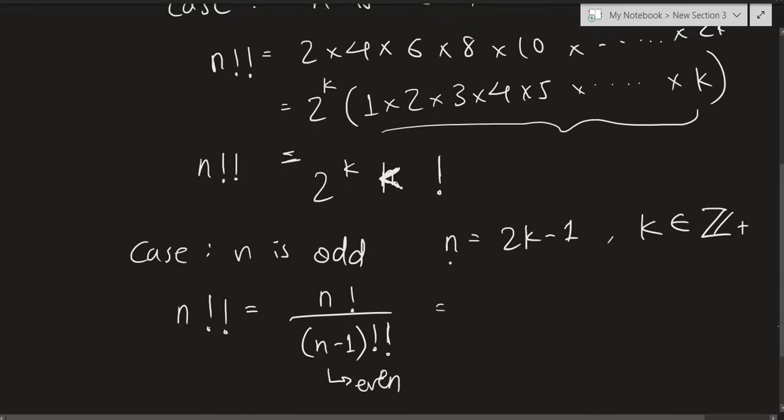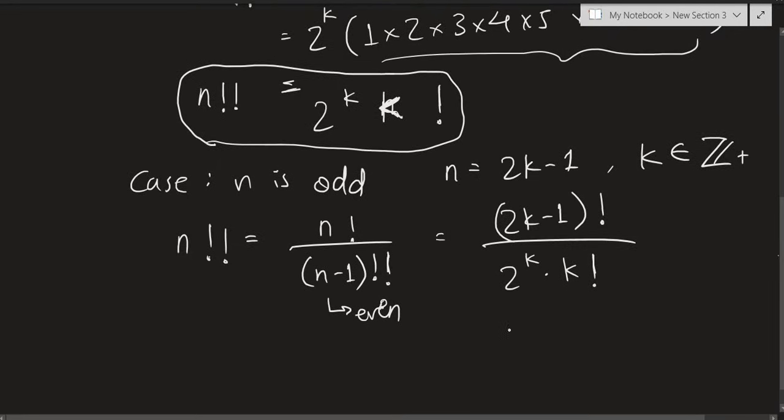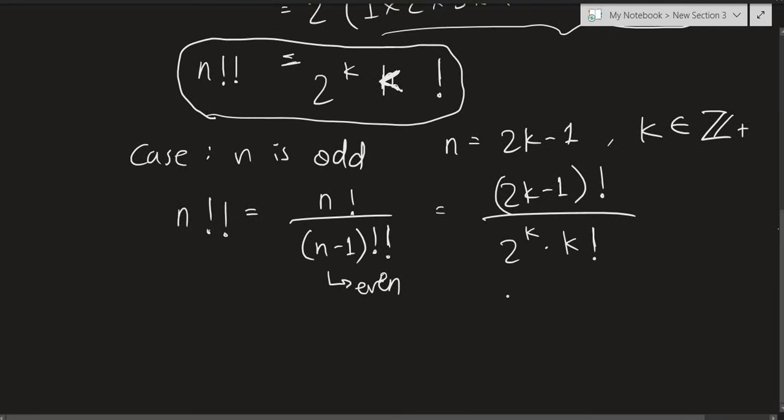So if n is of the form 2k minus 1, we can just substitute that 2k minus 1, the whole thing factorial, divided by, since n minus 1 is going to be even, we can just use this formula for an even n of 2 to the k times k factorial, right? And you can check that this holds for any k.